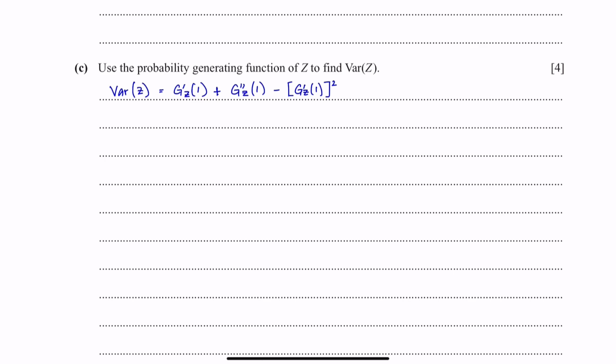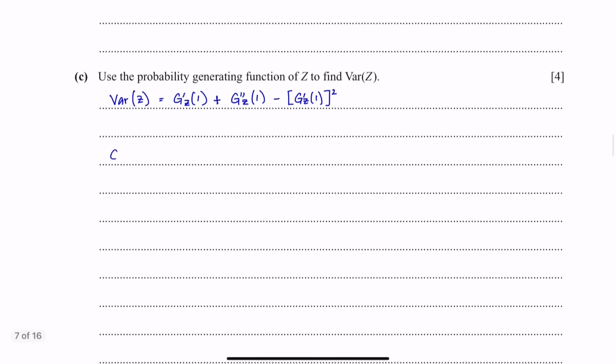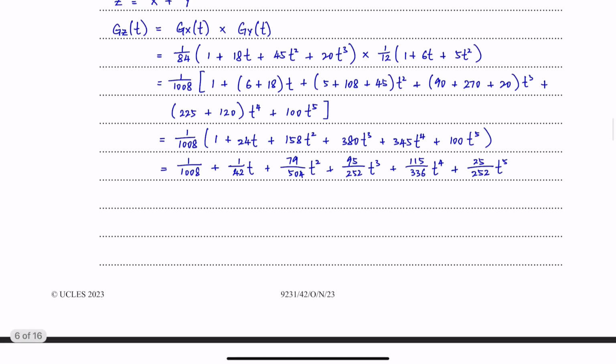So how do we find G prime 1 and G prime prime 1? We first need to differentiate G, and after finding G prime, we differentiate G prime to get G prime prime. So G prime is what we found in part B. This whole expression over here.